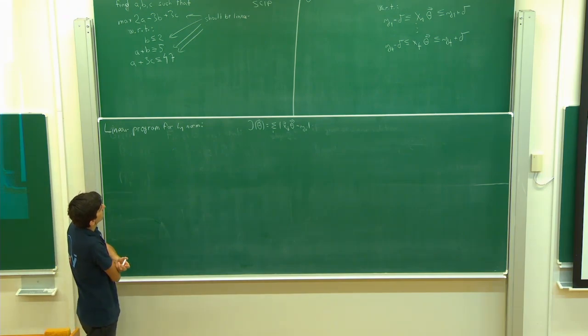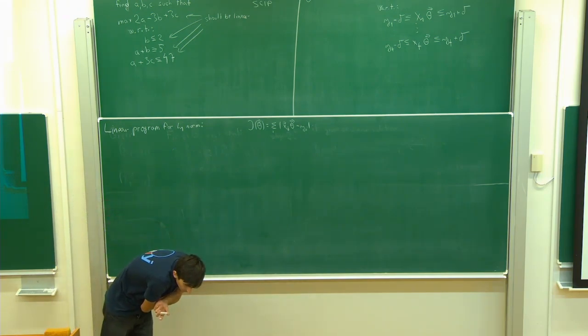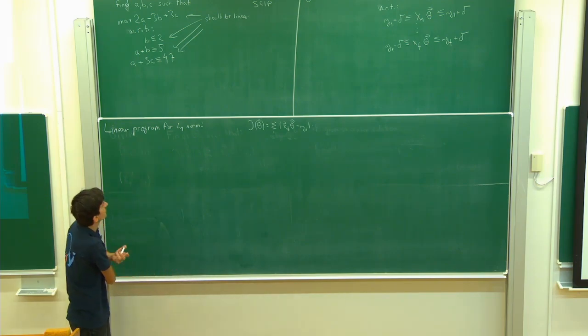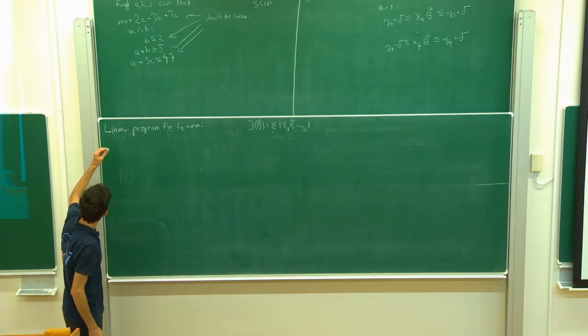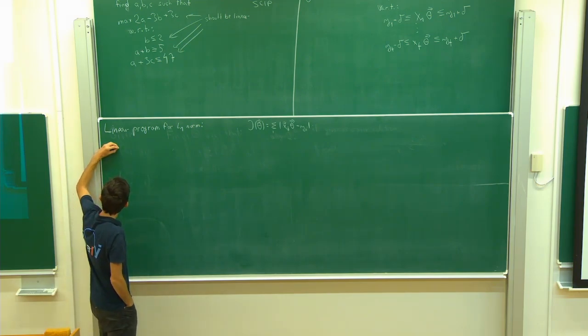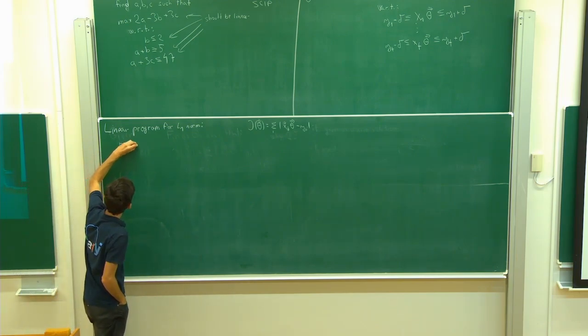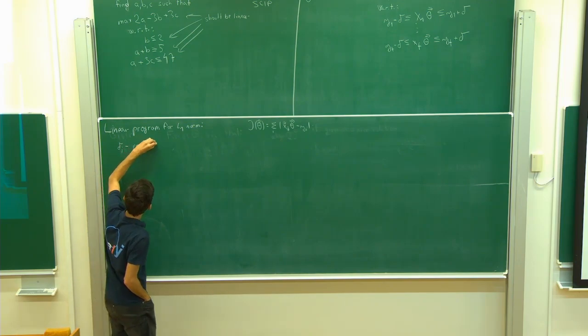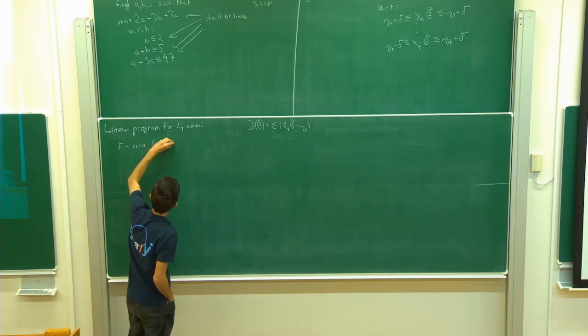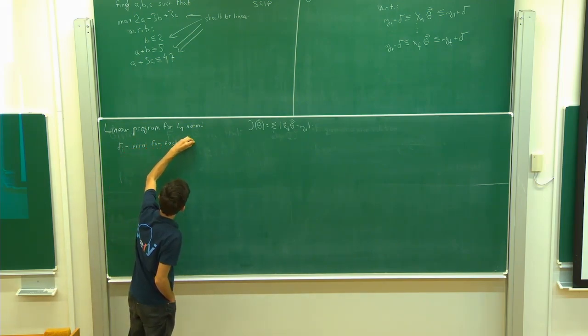So what we will do is have a deviation for each example. We will have delta y, which is the error for each sample.